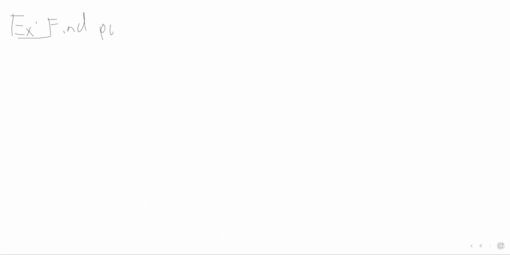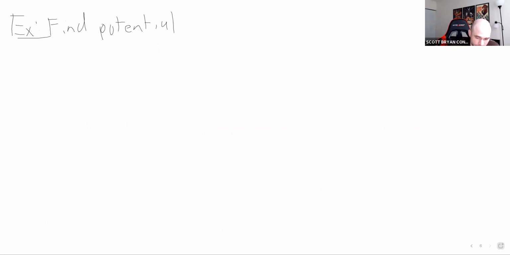Okay, so quickly, let's do another. Let's find a potential function, an antiderivative, I like to think of it, for the vector field f, which is (2xy)/z, z plus x squared over z, and then y minus x squared y over z squared.